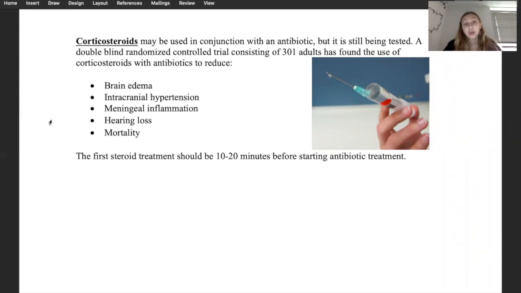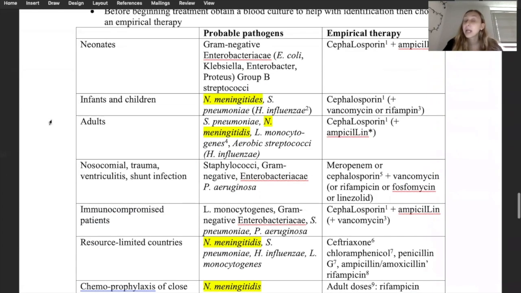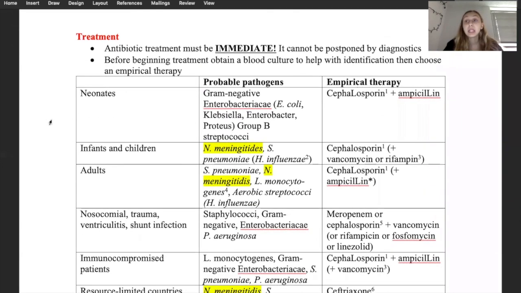The first steroid treatment should be within 10 to 20 minutes before starting the antibiotic treatment. Like I said, it's very important that as soon as we can identify that it is meningitis, the treatment is started immediately, and then we can work from there to figure out what is causing the meningitis.